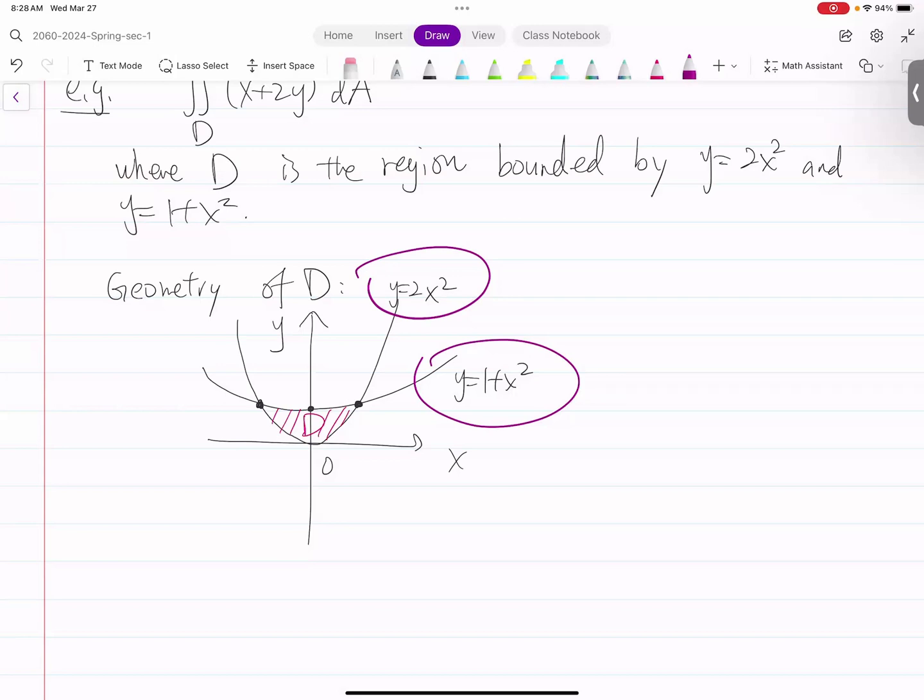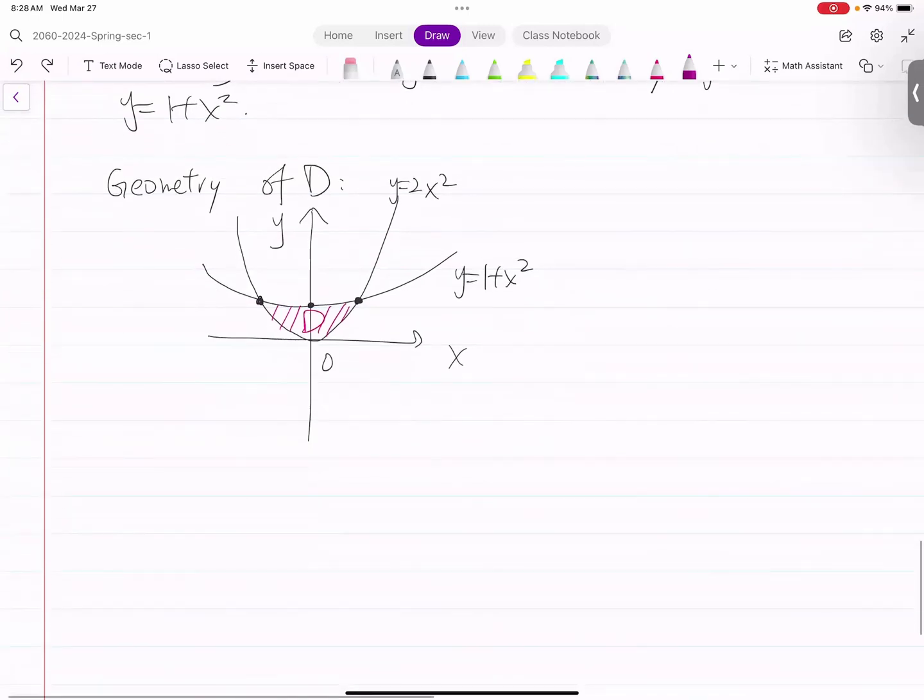Okay? So if we are using the vertical bars to cover the region, then x goes from this x value to this x value, and y is cut between these two functions. So that's a straightforward description. So here we definitely need the intersections.